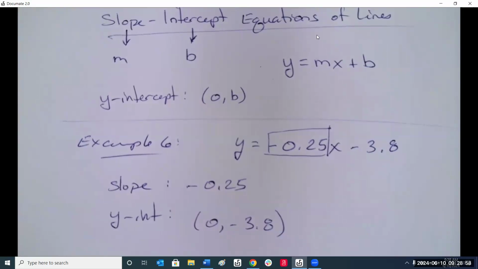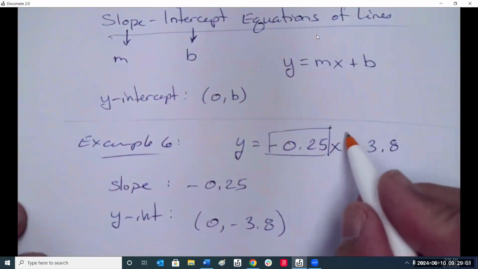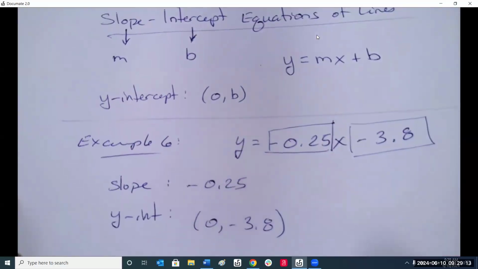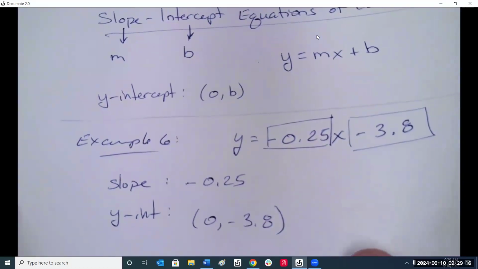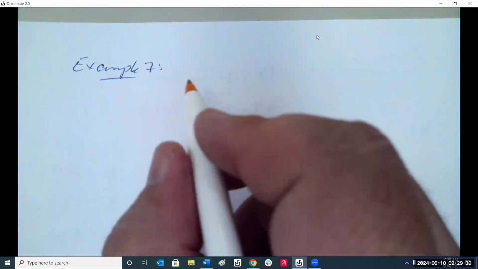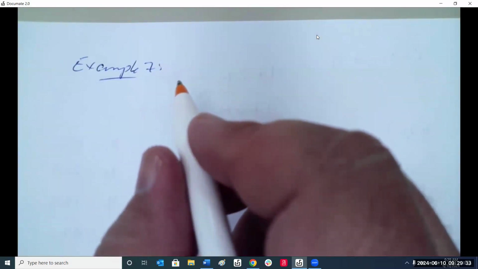Very good. That's exactly it, because the constant after the x is the y-intercept value. The intercept was (0, negative 3.8). The y-intercept is always the constant in an equation.